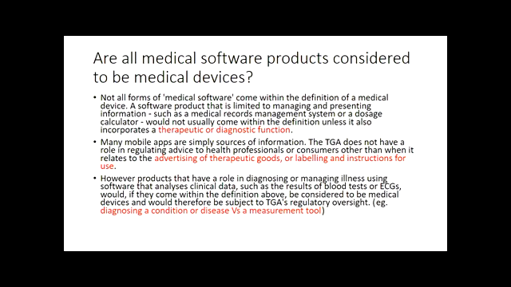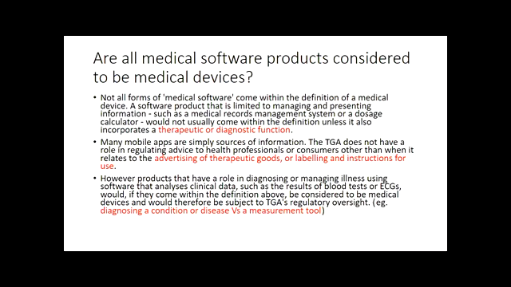So many mobile applications are simply sources of information, and the TGA doesn't care about it. Unless it's to do with advertising of therapeutic goods or labeling and instructions for use for a medical device. There are some products that have a role in diagnosing or managing illness that use software that would fall under the definition.